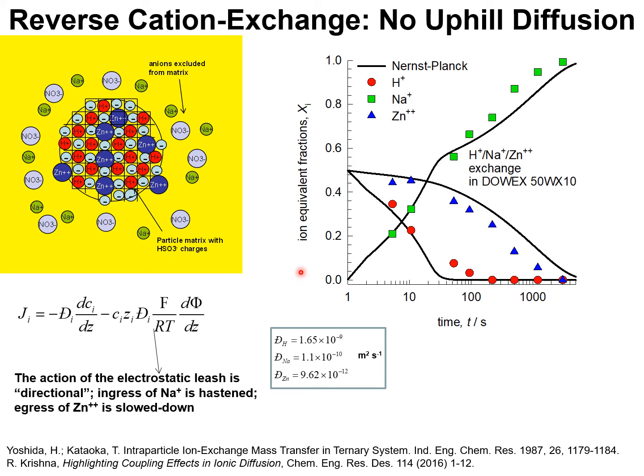The transient development of the ion fractions of sodium, zinc, and hydrogen cations are shown here using symbols. The continuous solid lines are the simulations of the transient uptake using the Nernst-Planck equation to describe the ionic fluxes.